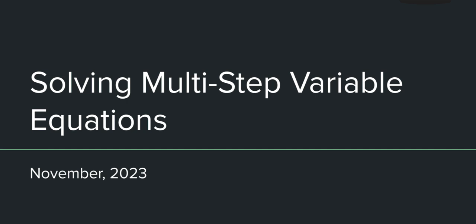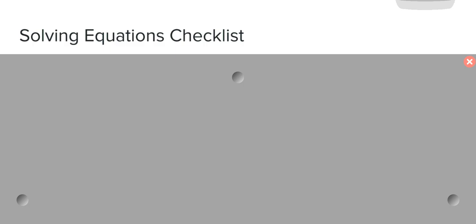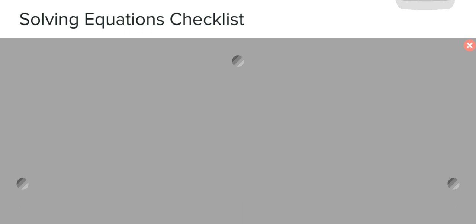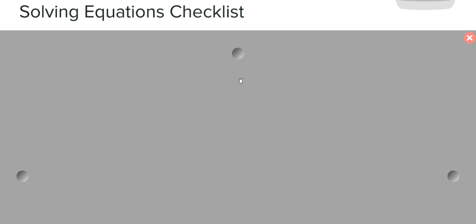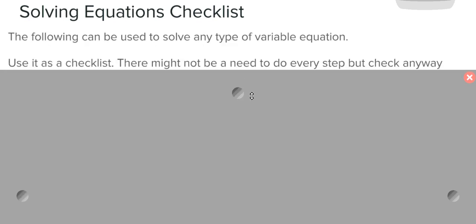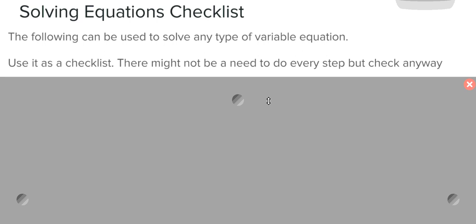So you'll see. I feel that the best way to handle multi-step equations is not to have a whole bunch of steps, even though it's called multi-step equations. It's more to have a checklist. So what we're going to do is use this, like it says, as a checklist.